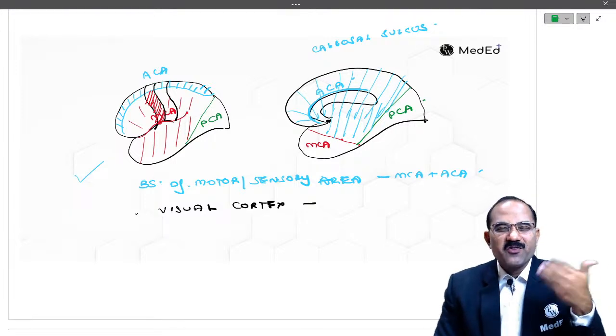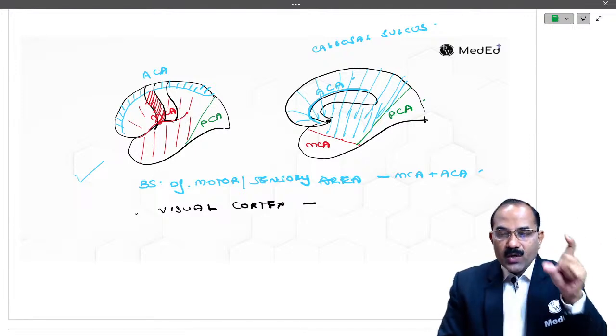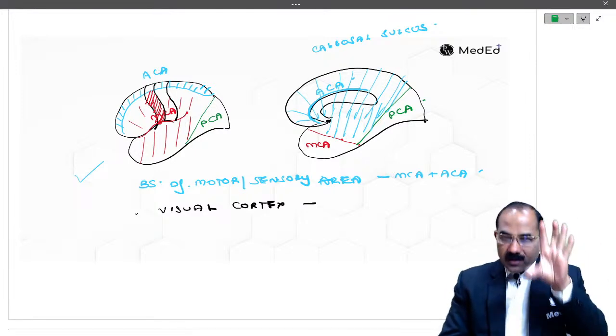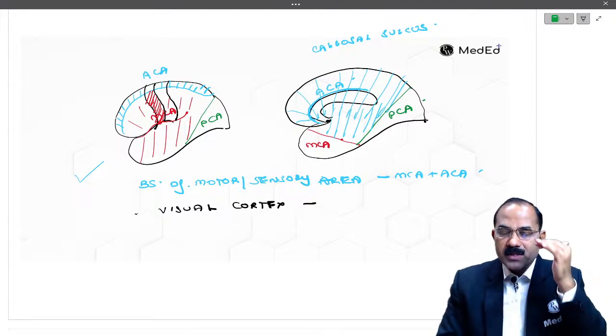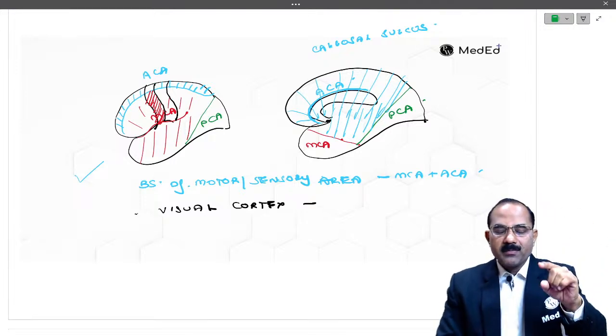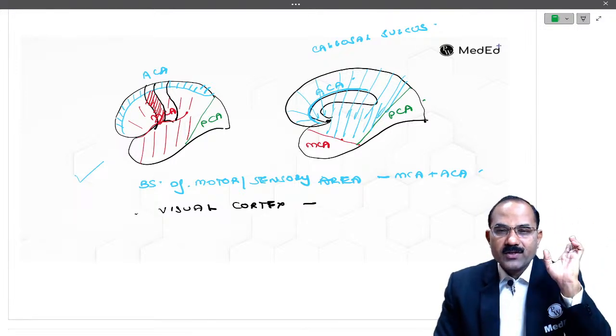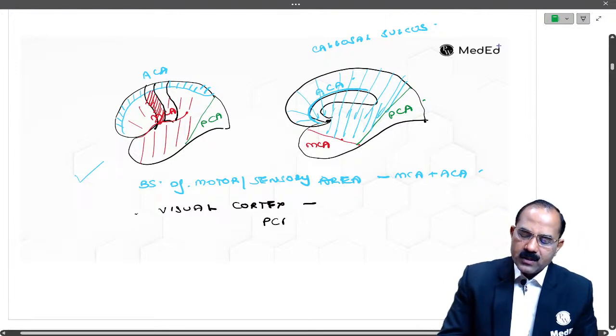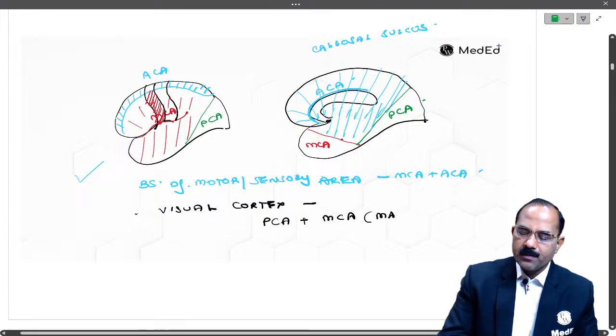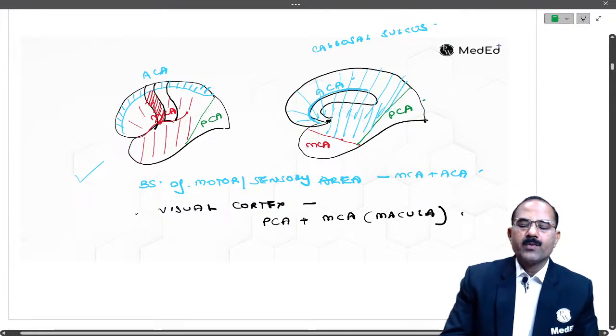What is that area known as? Macula. This macula, an area of fine vision located in the occipital lobe in the visual cortex, is supplied by the middle cerebral artery. So the blood supply of the visual cortex is the posterior cerebral artery plus the middle cerebral artery, which supplies the macula.